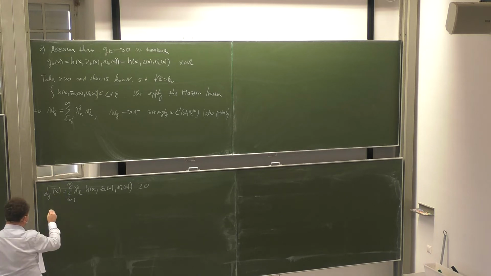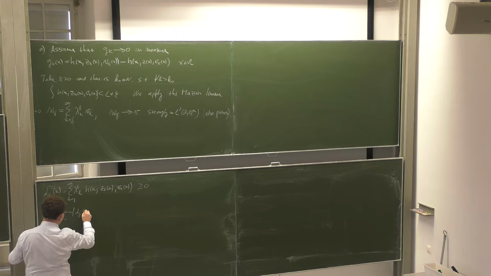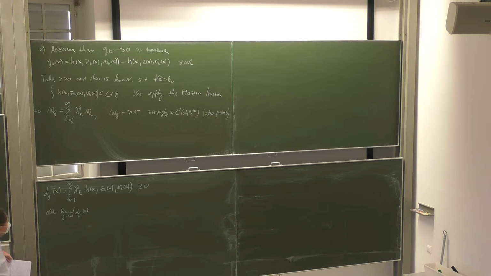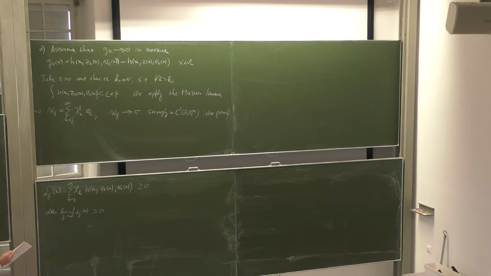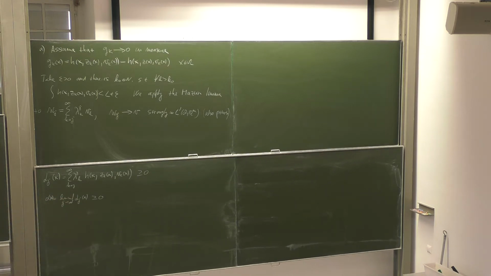Now alpha of x will be the lim inf of alpha_j(x) for j going to infinity, and again this is non-negative.